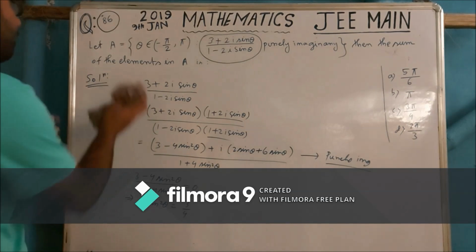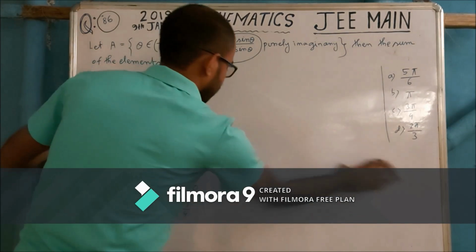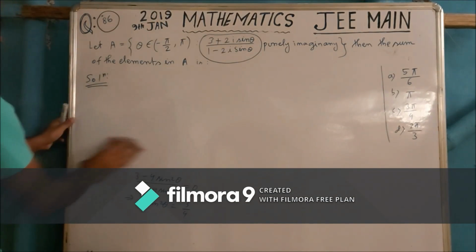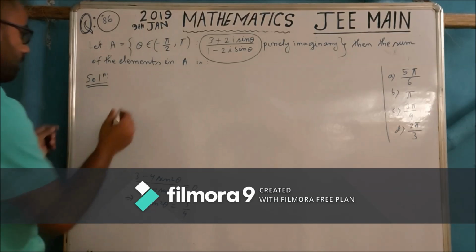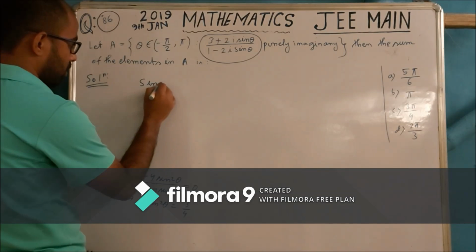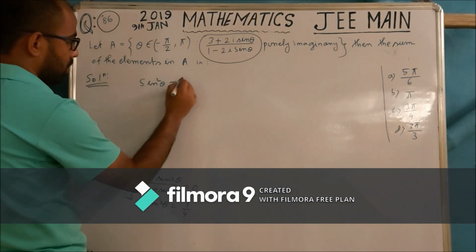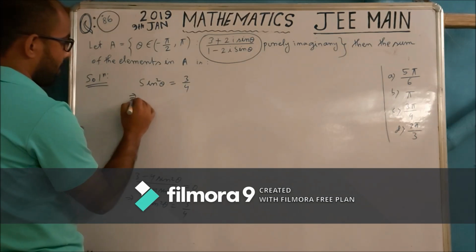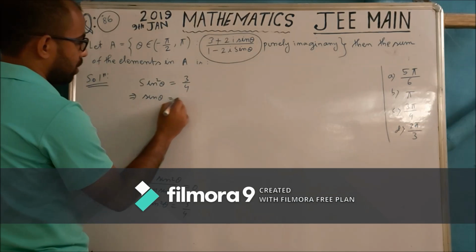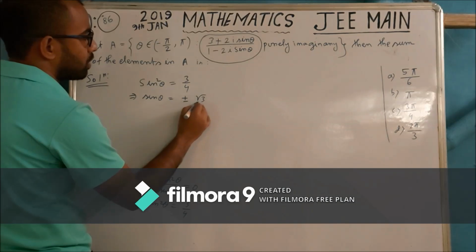That means sin theta equal to plus minus root 3 by 2.